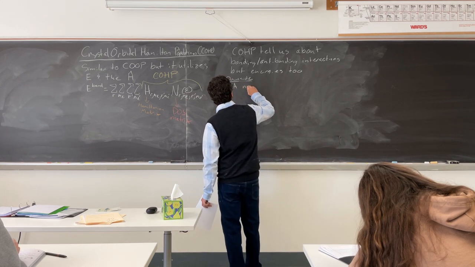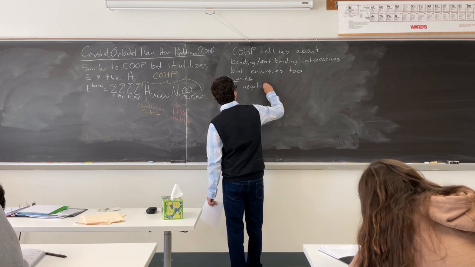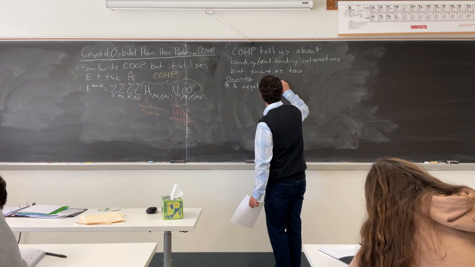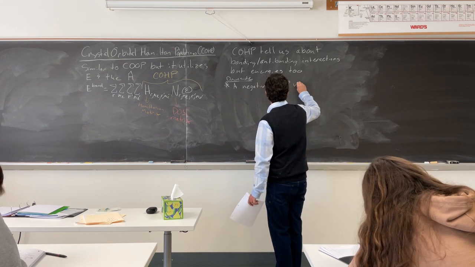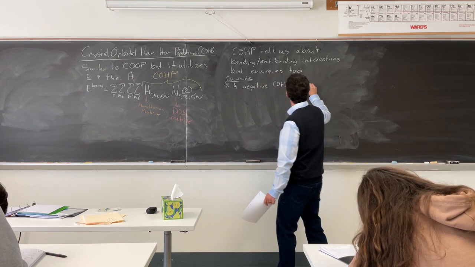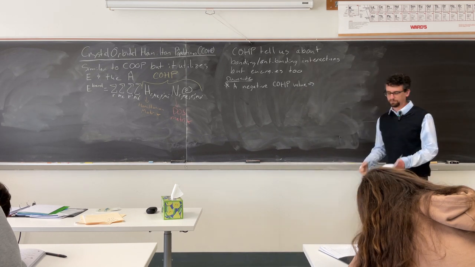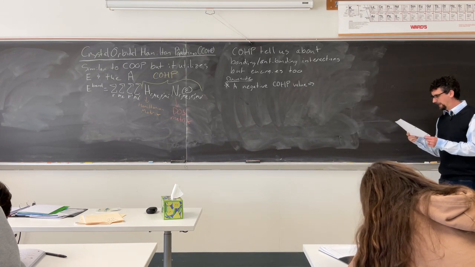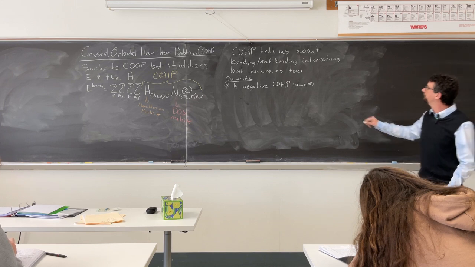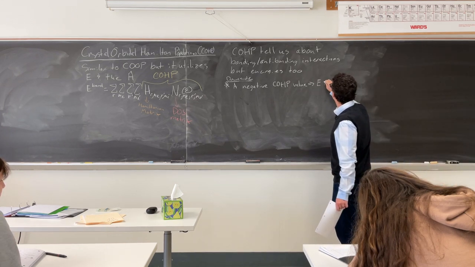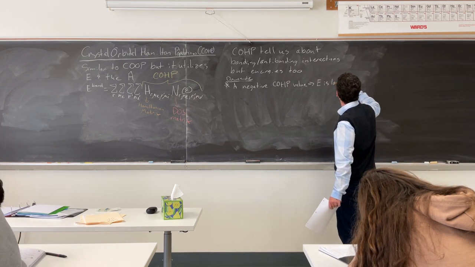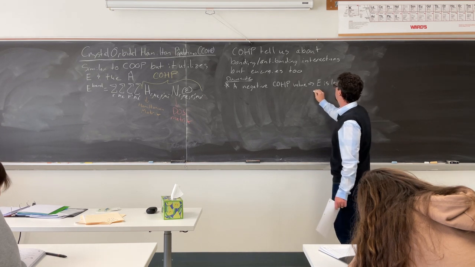A negative COHP value. What does that mean about the energy? Yep. E is lowering. What does that mean about the interaction?